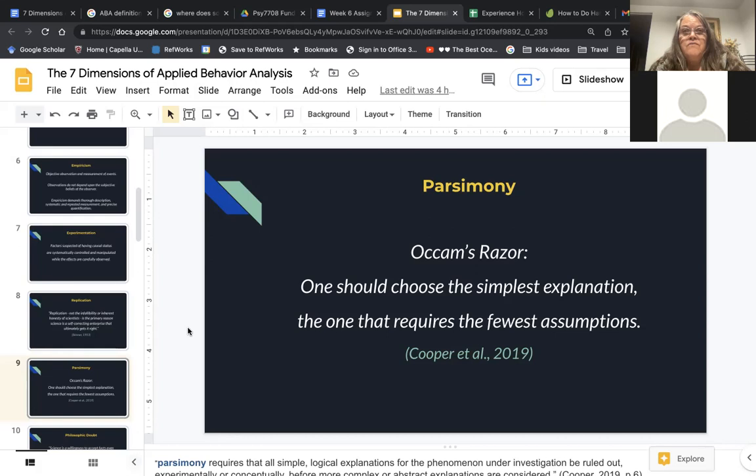So if we have several different hypotheses of why something is happening, what we're going to test first is the simplest one. And if that doesn't work, then we'll go to the one that's just a little bit more complex. But by starting with the simplest thing, hopefully we can find the correct one more quickly.